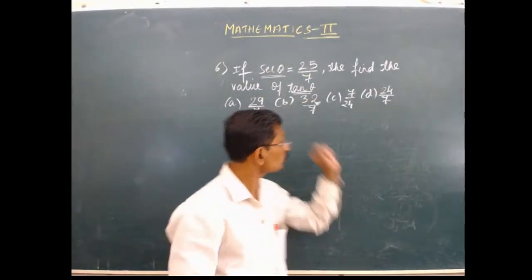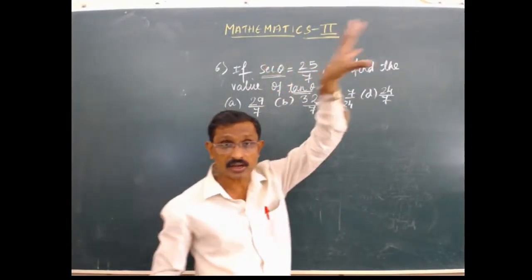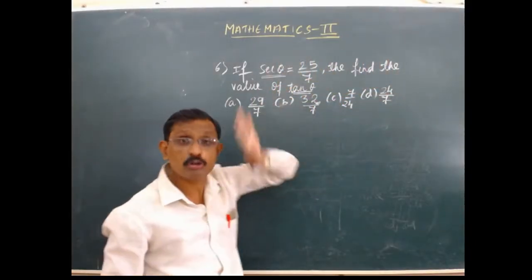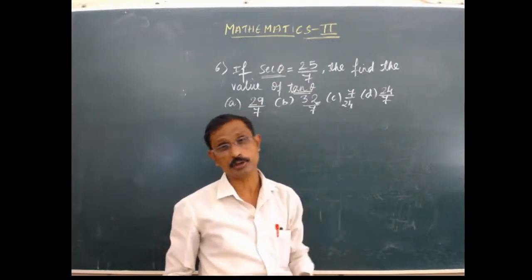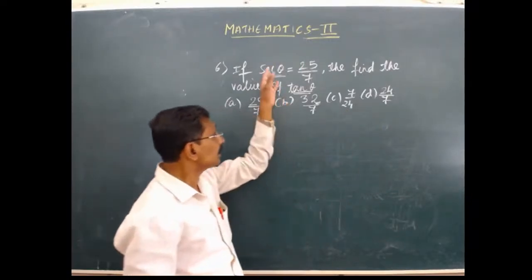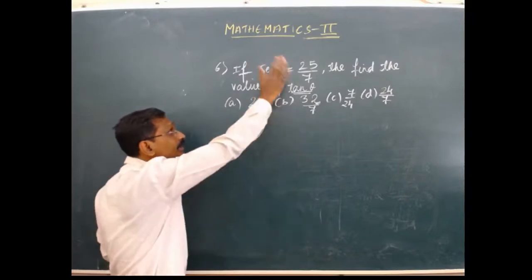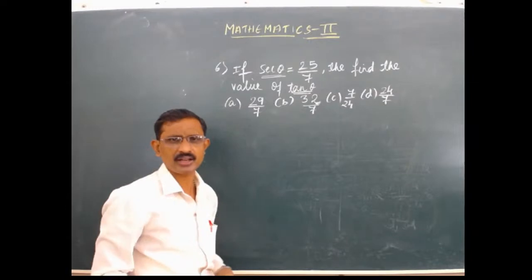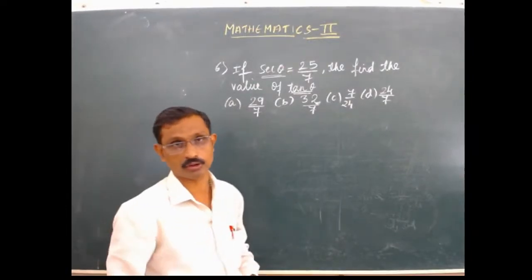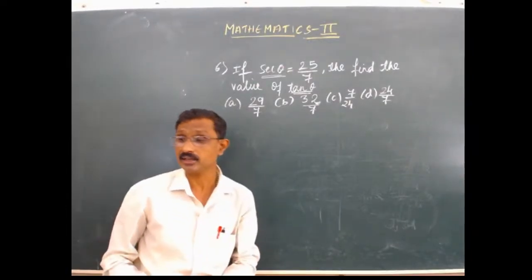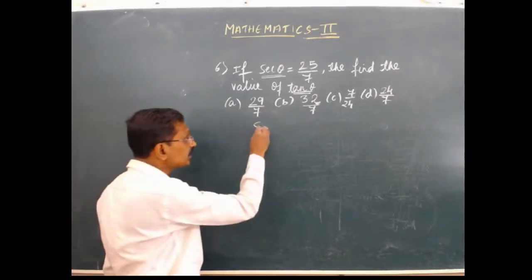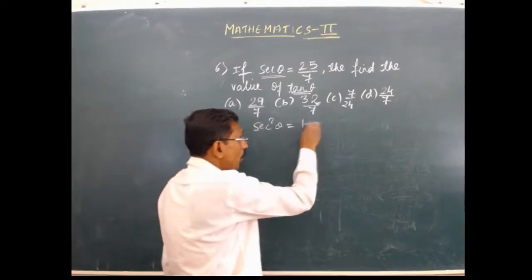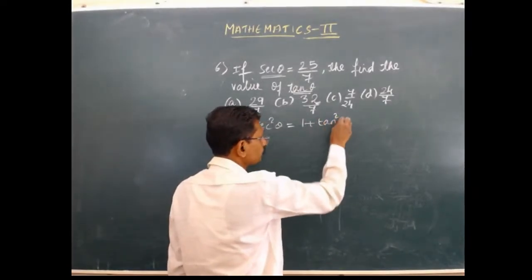First we have to find it, because when they give us the value of one, then ask to find the value of another, it means there is a certain relation between them. Yes, definitely there is a relation between them. Sec square theta is equal to 1 plus tan square theta.